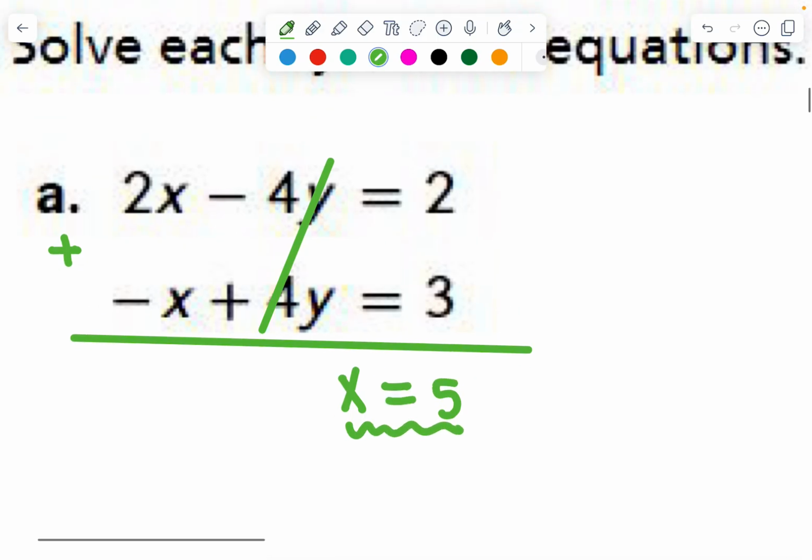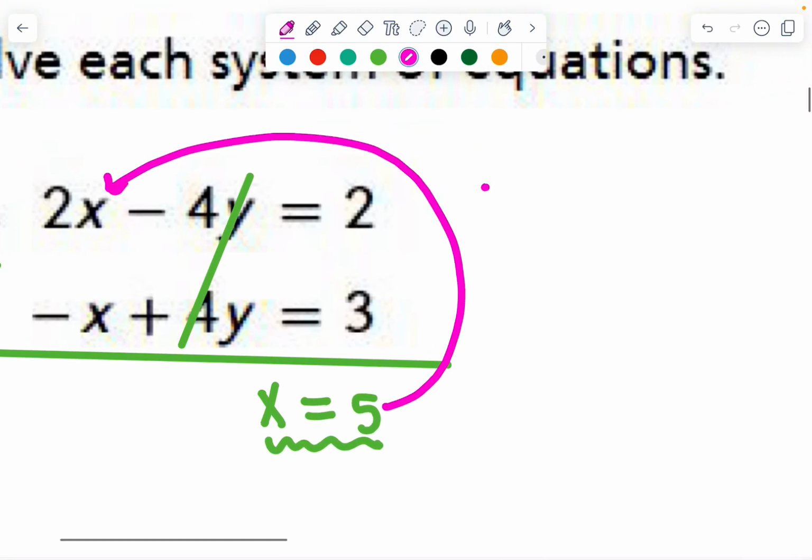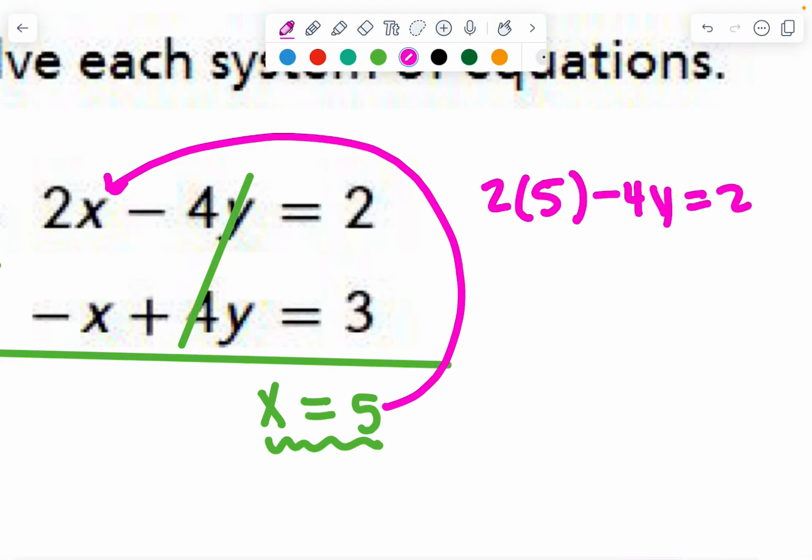Now we're plugging this back into either equation. I'm going to choose the top equation. So we have 2 times 5 minus 4y equals 2. Go ahead and simplify. 2 times 5 is 10. Minus 4y equals 2.